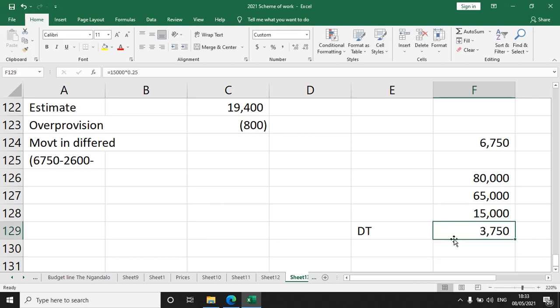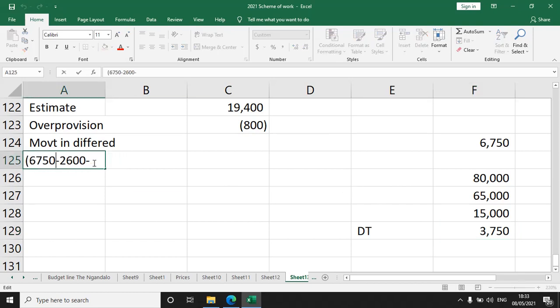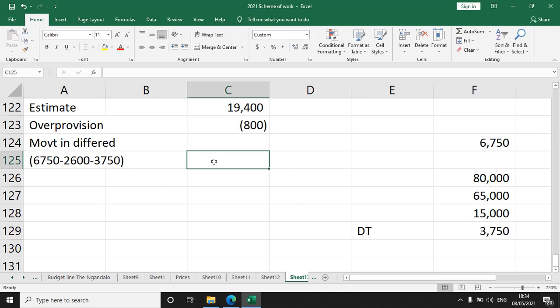I've got that figure there, 3,750. So that 3,750 also comes off. So the movement in deferred tax, to be put in the profit or loss, will be 750 minus 2.6 minus 3,750. Time not allowing, there's a 400 there.